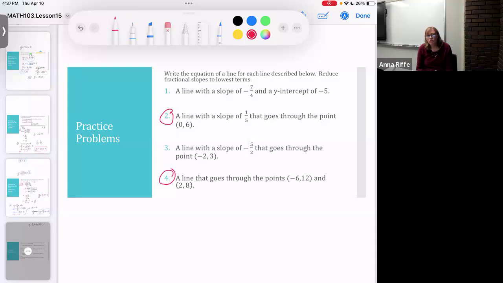Pick either one first, doesn't really matter. Take your pick. But let's get a little practice with this. Take about 5 minutes on this, and then I will pause and we can talk about at least one of them, just depending on what I'm seeing in the chat.